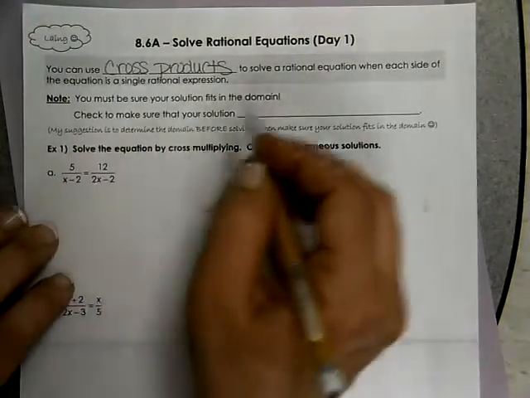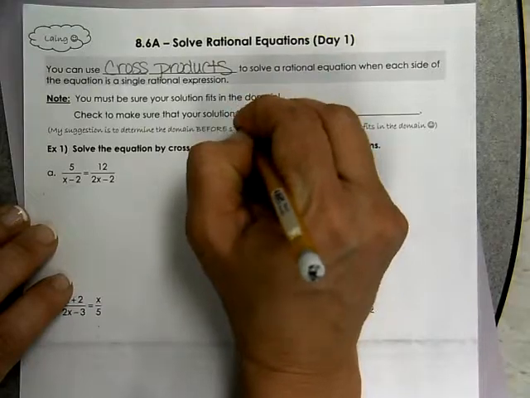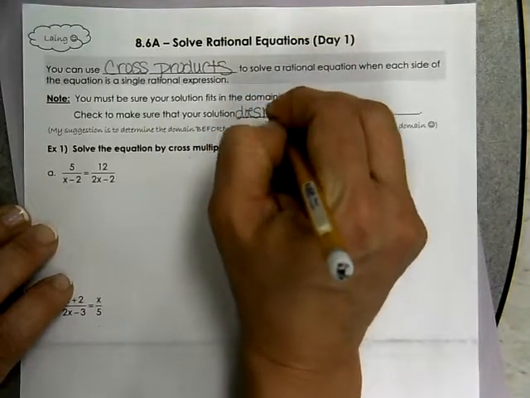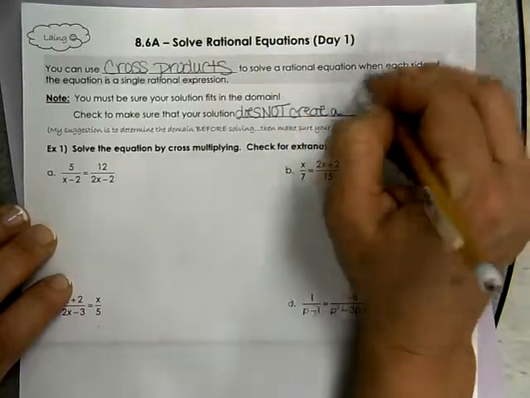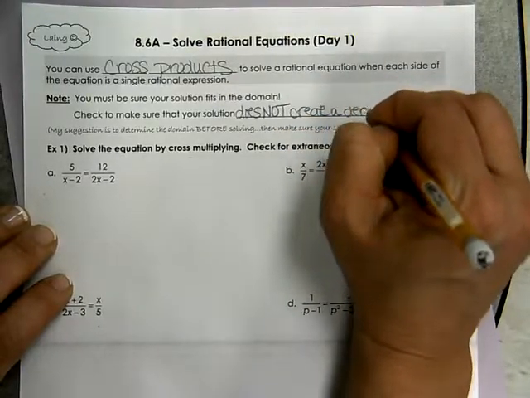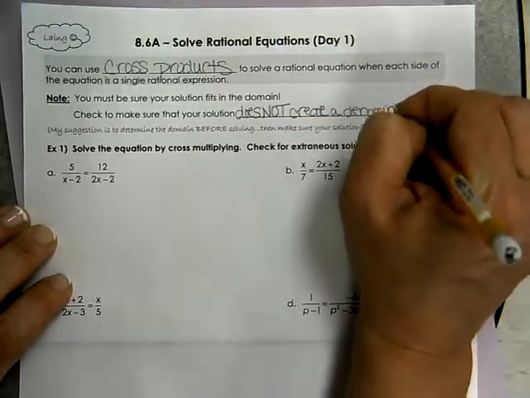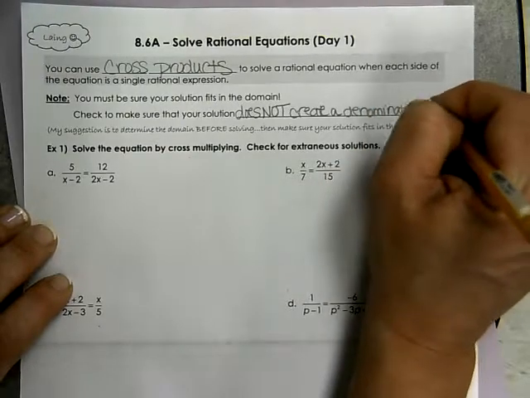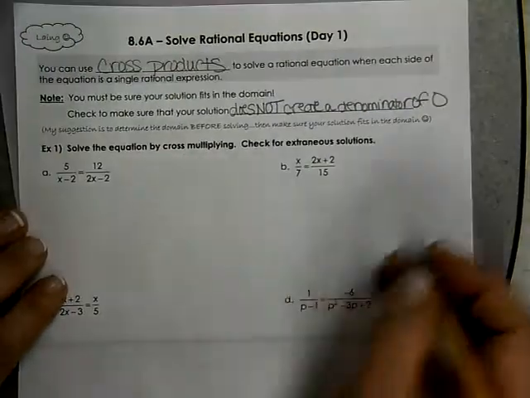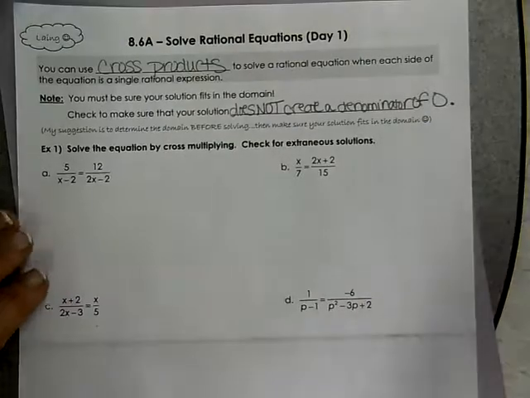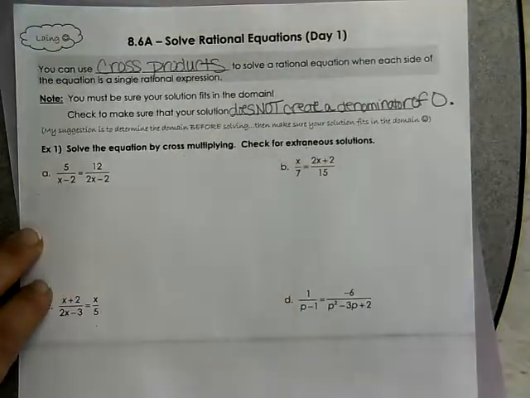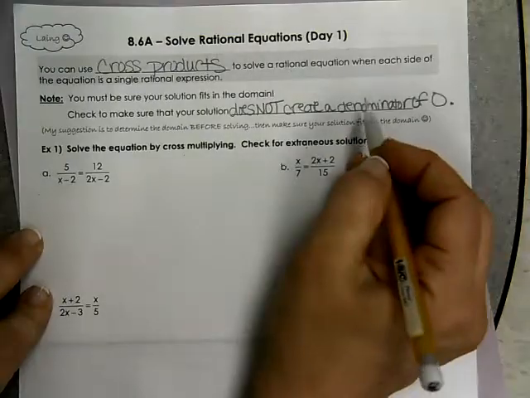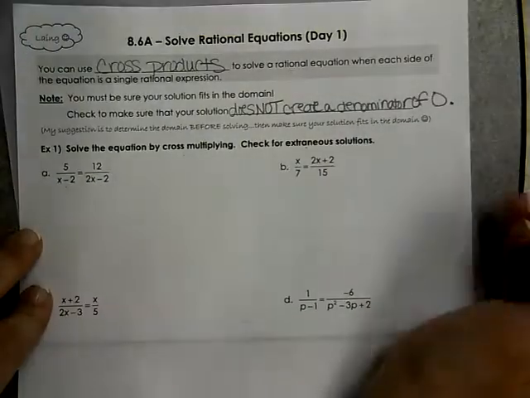So we check to make sure that our solution does not create a denominator of 0. Okay, so that is what we mean by check for extraneous solutions. If we get a solution and it makes the denominator 0, that's extraneous, so we get rid of it.